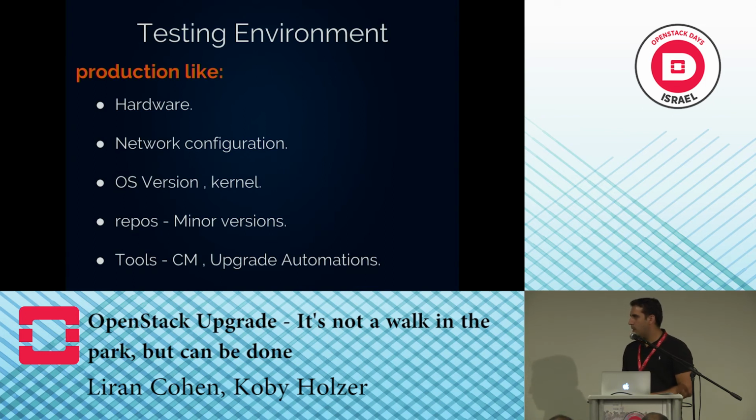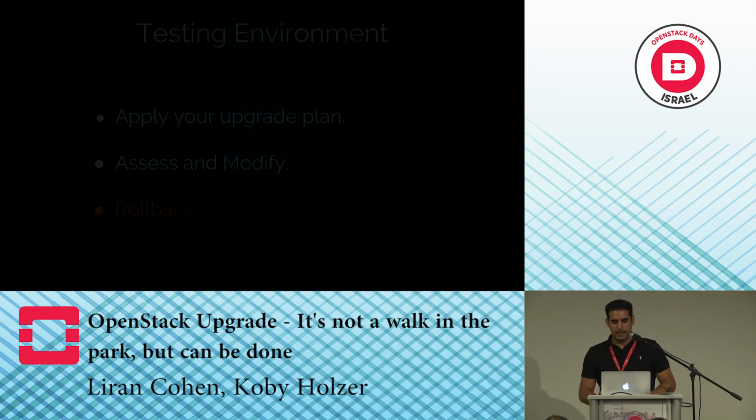And the last one is all the tooling. We will make sure we have the same upgrade automation tools available and tested in the lab, and also the configuration management solution with the same versioning on the modules that we are using to deploy. This will prevent any surprises while upgrading the production clusters.